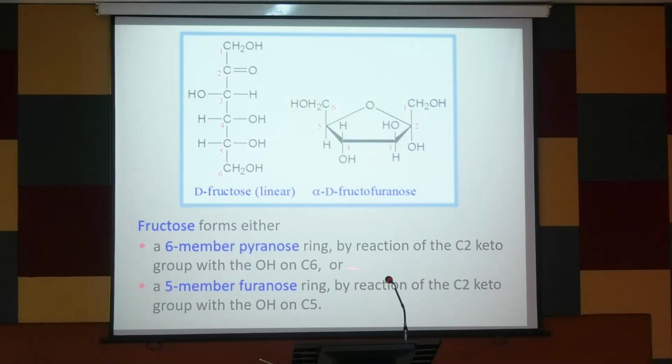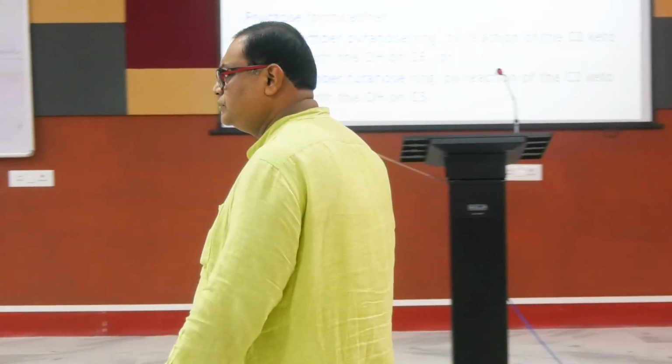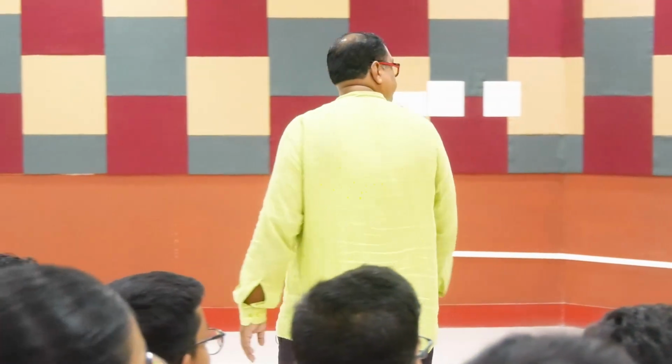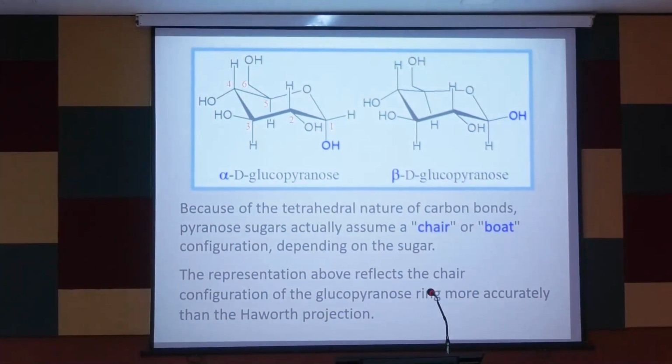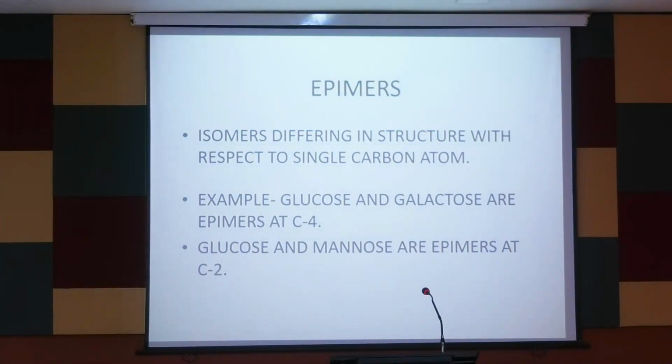The 6-member ring is called pyranose form, while the 5-member ring is called furanose form because they resemble the heterocyclic compounds pyran and furan respectively. This is something which we do not want to discuss now, not required. We go to the next form, epimers.